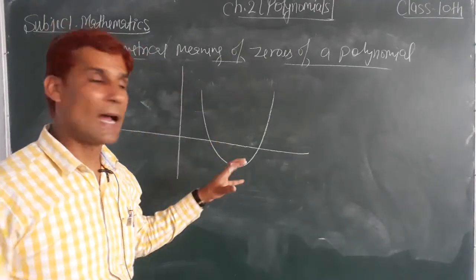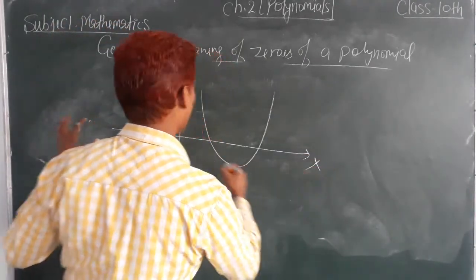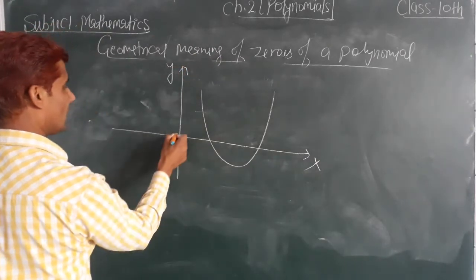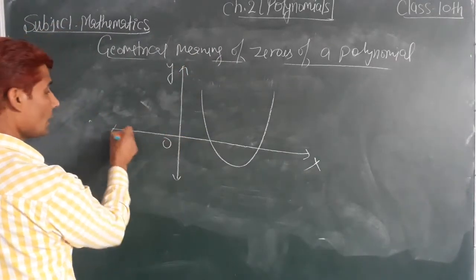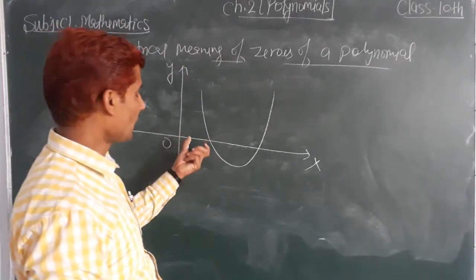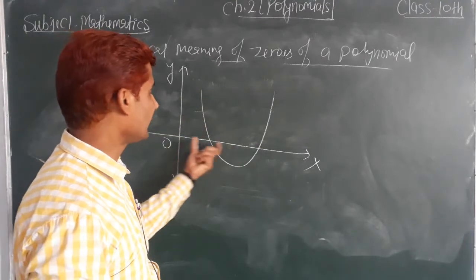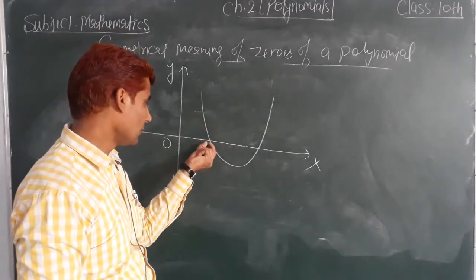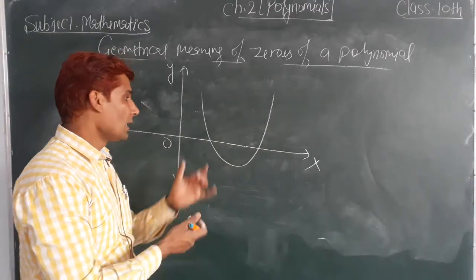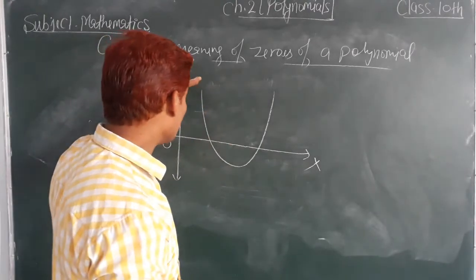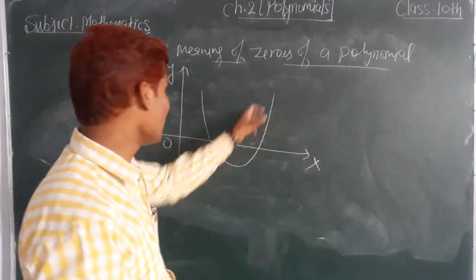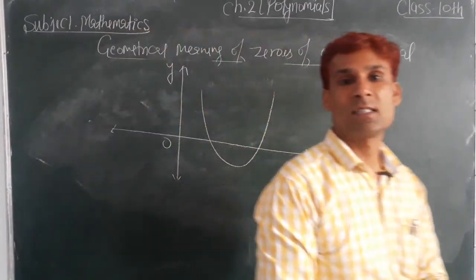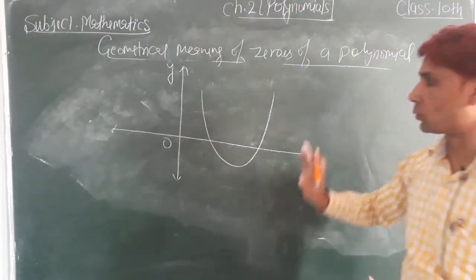We observe that this is the x-axis, this is the y-axis and this point is the origin. Here the graph touches the x-axis at two different points, this and this. Then the number of zeros of this curve is 2.